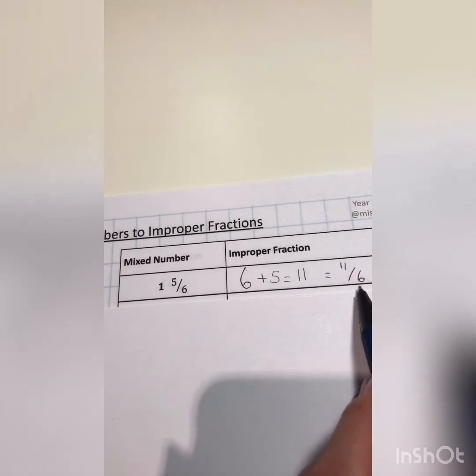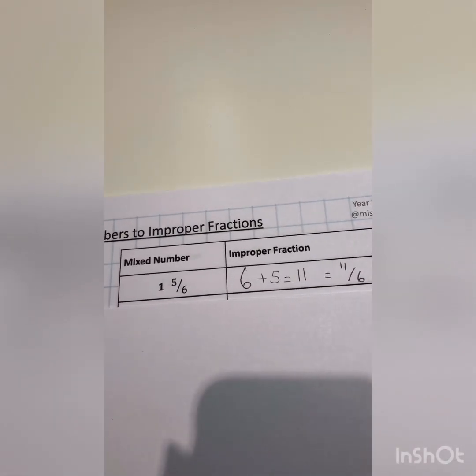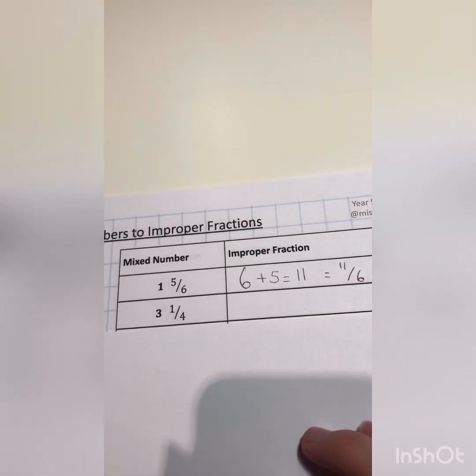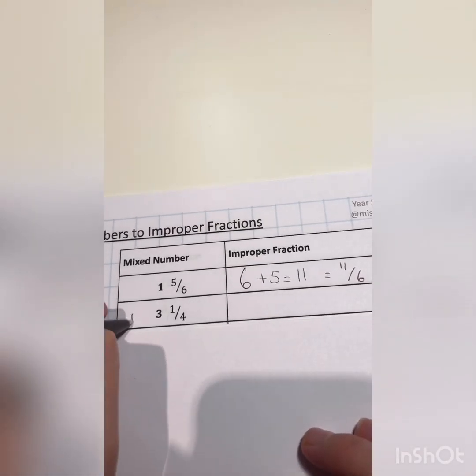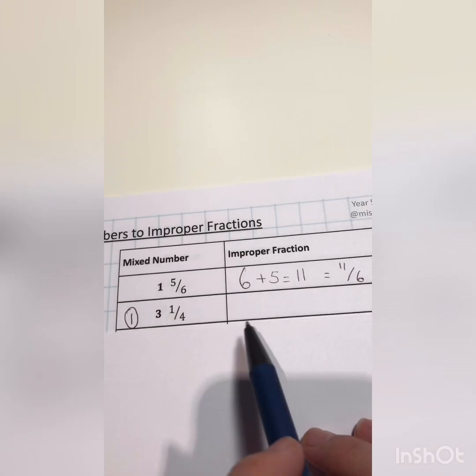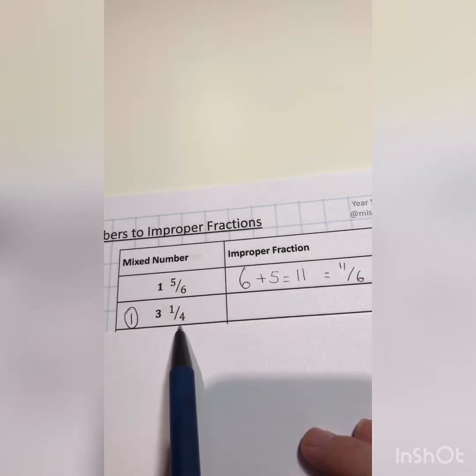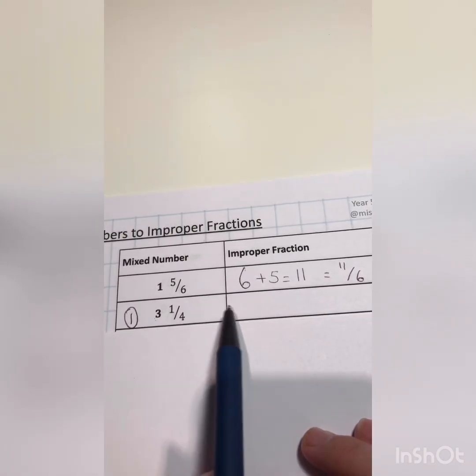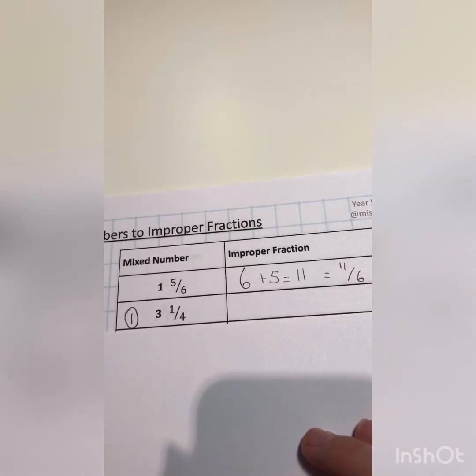So the answer would be 11/6. That's the improper fraction. Okay, your turn this time. We'll call this question number 1. See if you can work that out. Remember the steps. Have a little go. Pause the video and then we'll go through it.